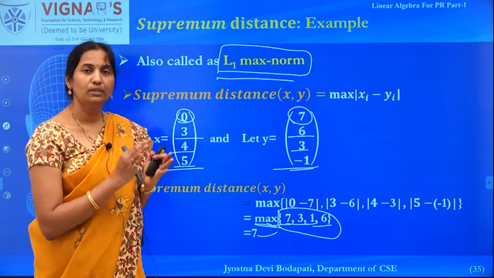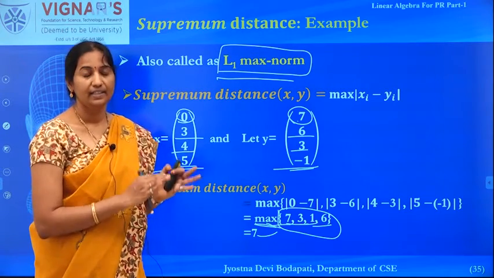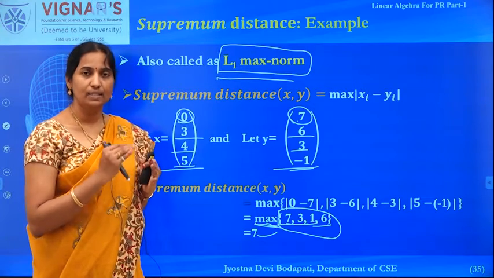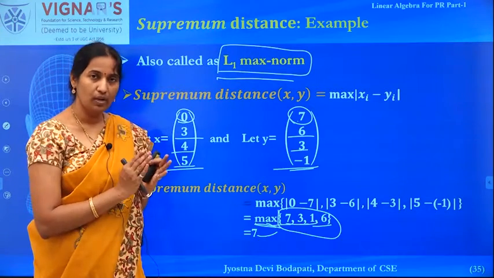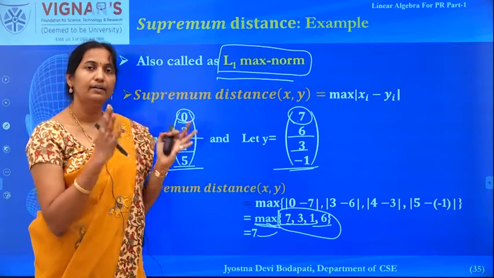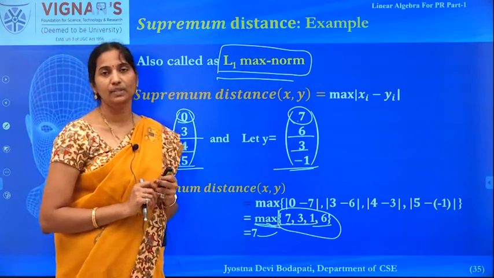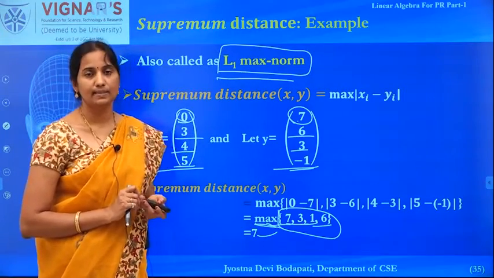When the distance between the vectors is high, you can say that they are less similar, and when the distance is very small, then they are highly similar. That is how you can compute the similarity between the vectors with the help of distance measures.